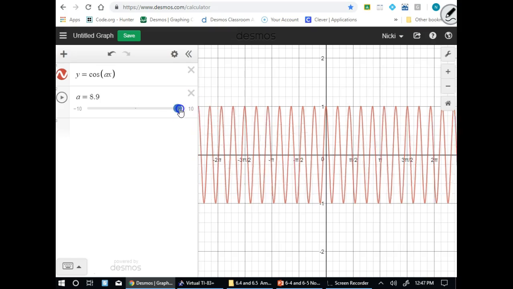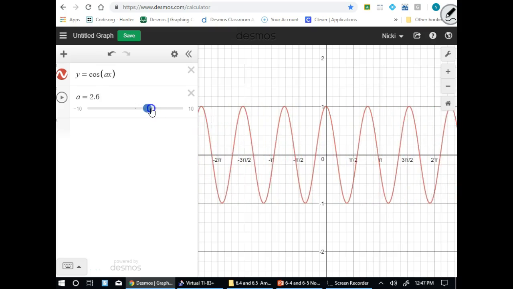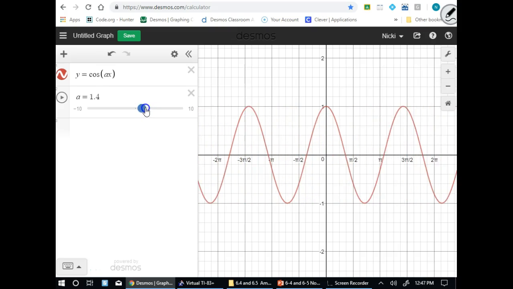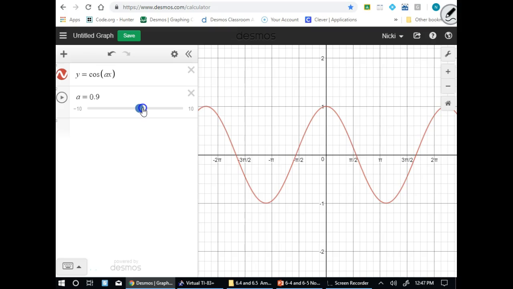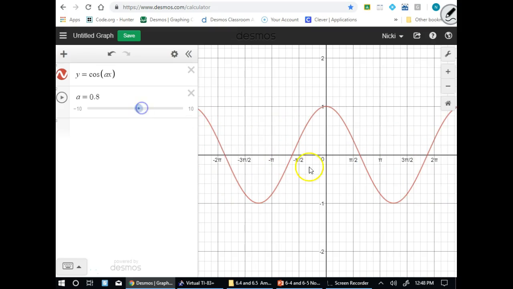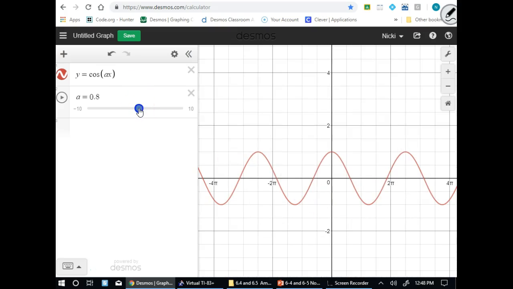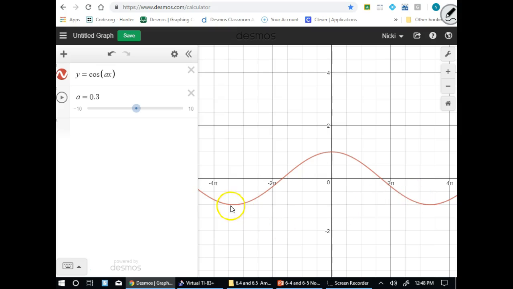Whereas if I make the number smaller, to be careful not to go to the negatives here, the graph gets stretched out to where really I'd have to zoom out some to even be able to tell what the period is. Like here, you're talking about from right here to right here. A much longer period there.